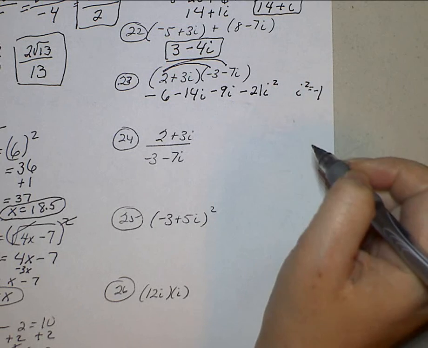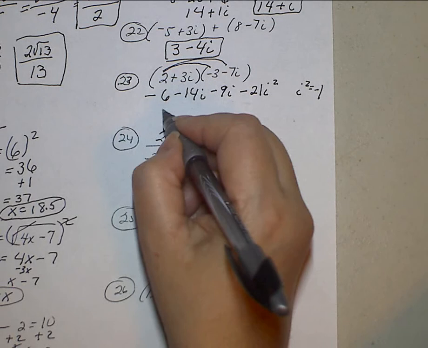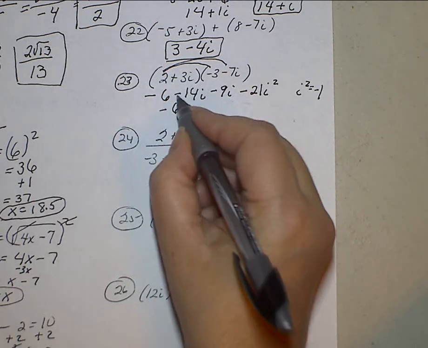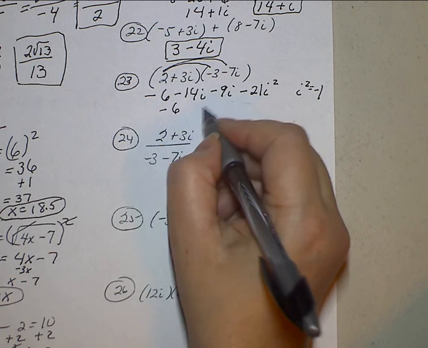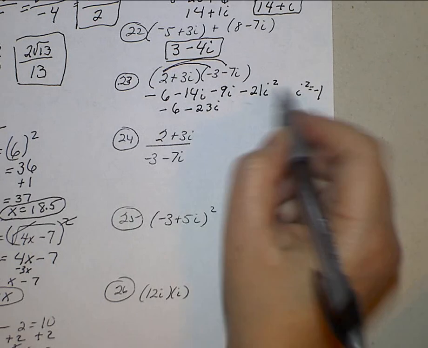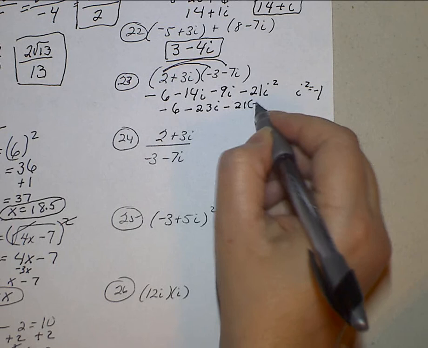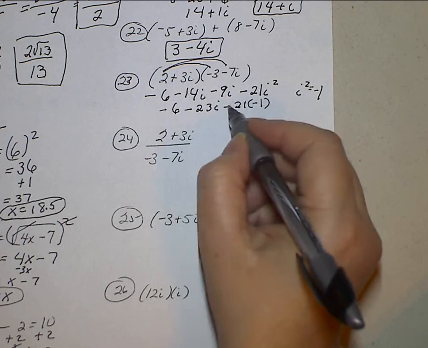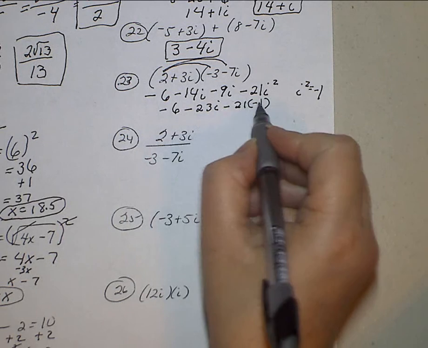So we have, let's combine like terms that we have. So we have negative 6, negative 14 minus 9 is negative 23i. And then we have a negative 21 times negative 1. So this makes it positive. So we have negative 6 plus 21.